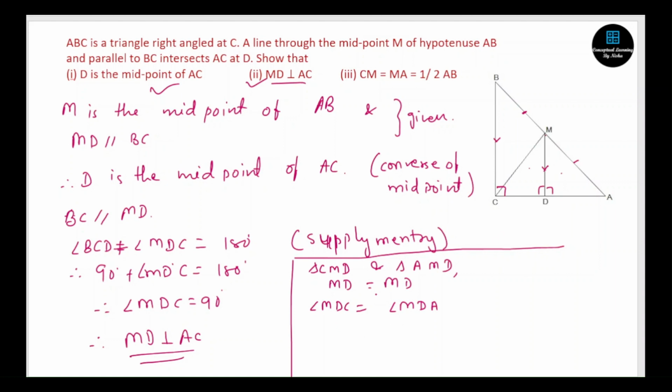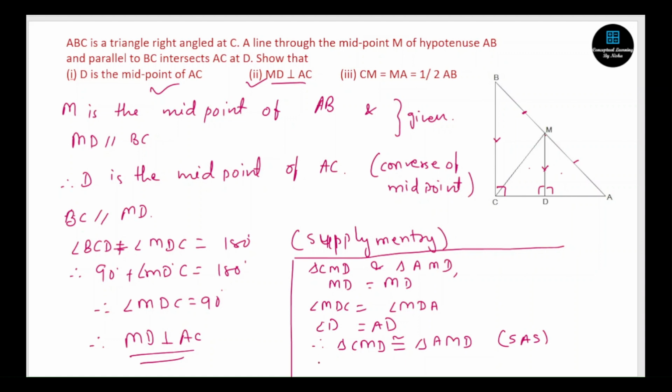And we proved that D is the midpoint of AC. So CD is equals to AD. So by which criteria? Yes, SAS. So triangle CMD is congruent to triangle AMD. SAS.